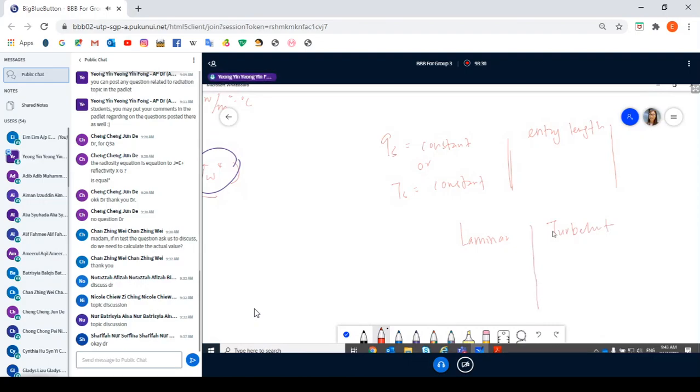For the entry length, you have LT and LH, for both the laminar and turbulent cases. If it is laminar, you will have an entry region or fully developed region. Bear in mind, entry region is the same as developing region.